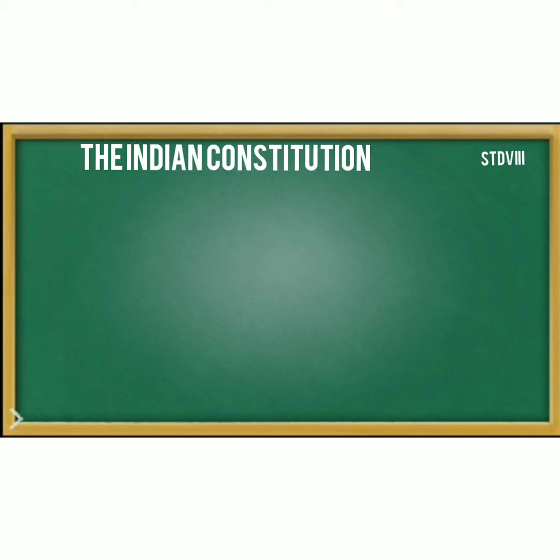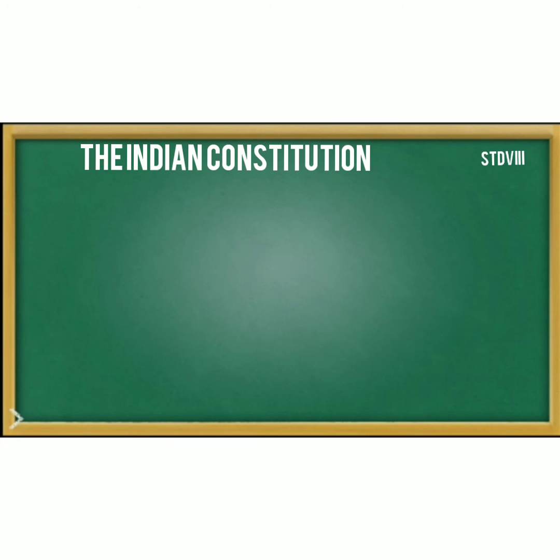Then the fourth feature of Indian Constitution is that the Indian Constitution guarantees us fundamental rights. So how many fundamental rights are there? So there are six fundamental rights which are guaranteed by the Indian Constitution.